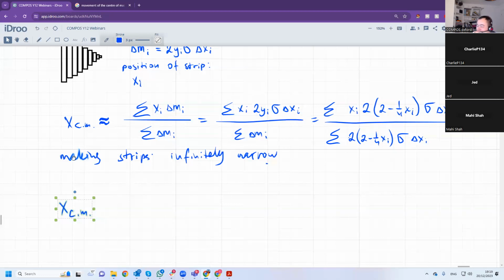I hope you can see that. And that means x center of mass is equal to the limit as delta xi tends to 0 of this expression.